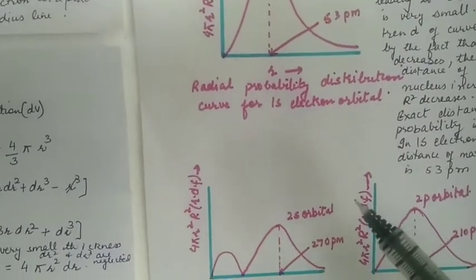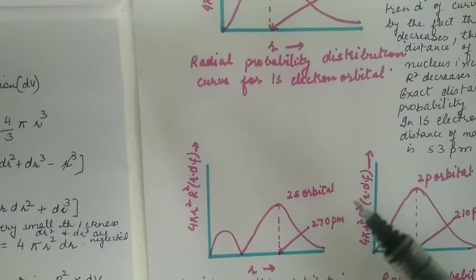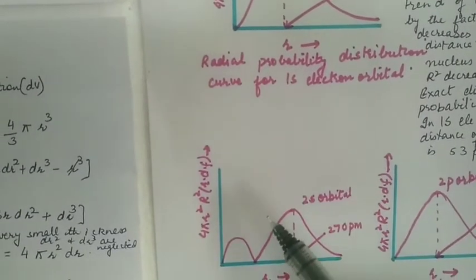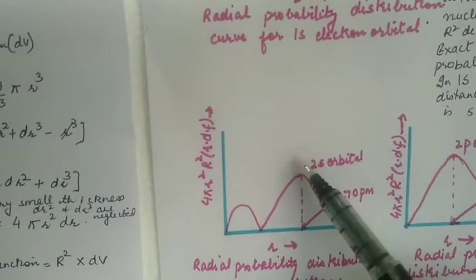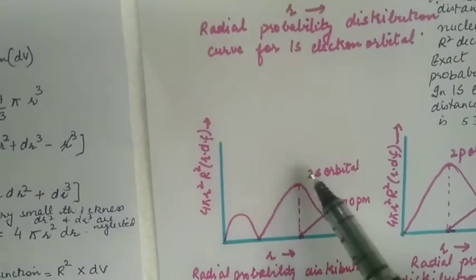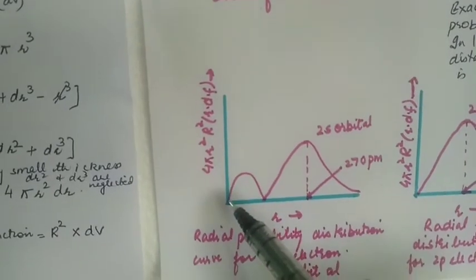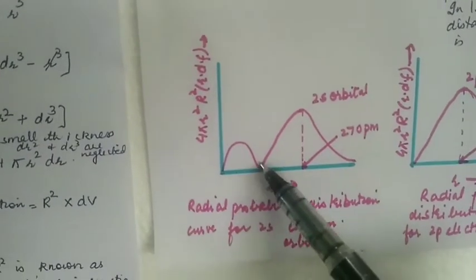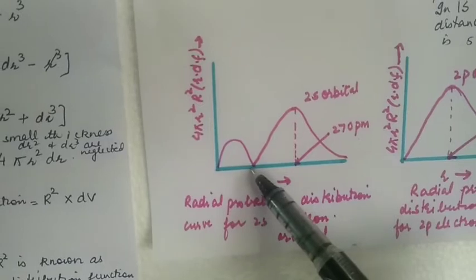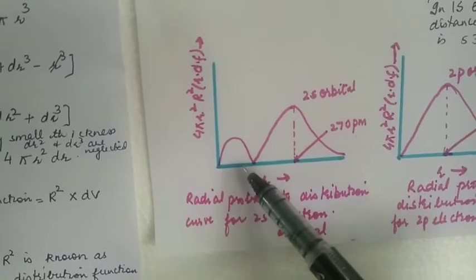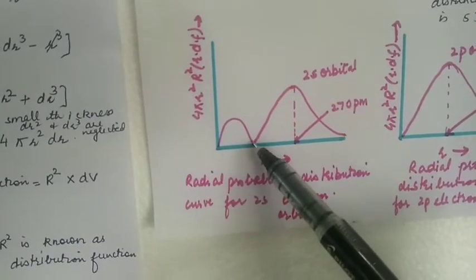First point is that radial probability distribution curve for 2s electron shows two maxima, one smaller one and the other bigger one. There is one minima also. This one is the minima where the probability of finding the electron is almost nil, and this is the nodal point or node.